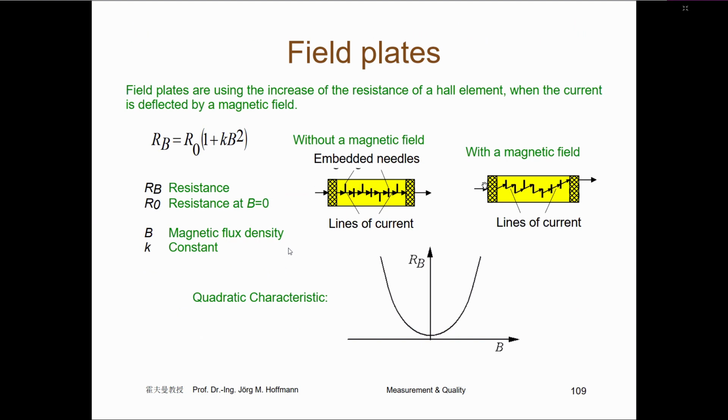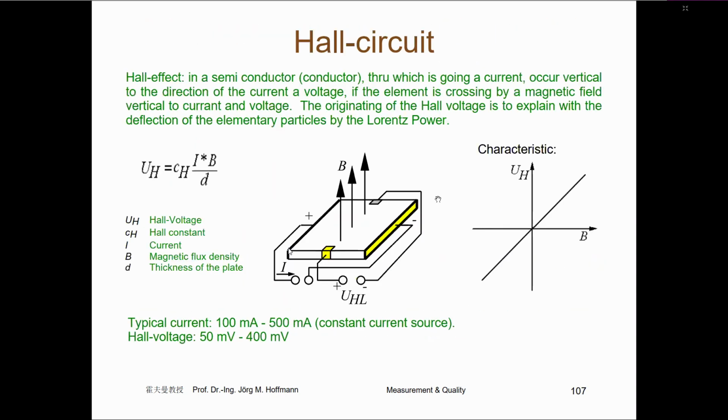In principle, this field plate is the same. You have one side and the other side, you give the current through, but I switch back. You measure not the voltage, which is caused by the magnetic field.